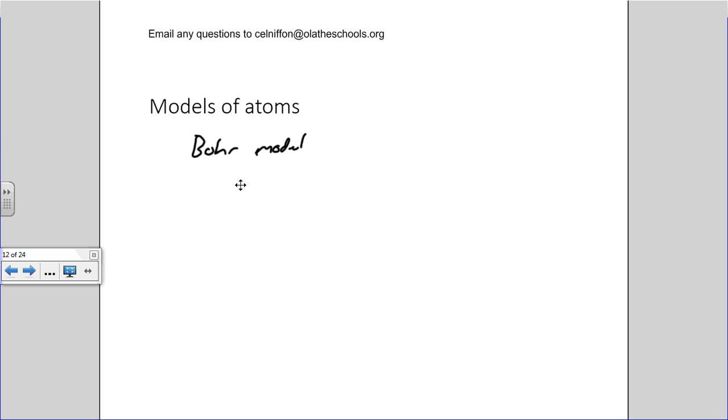So the Bohr model is including electron energy levels, sometimes called orbitals.